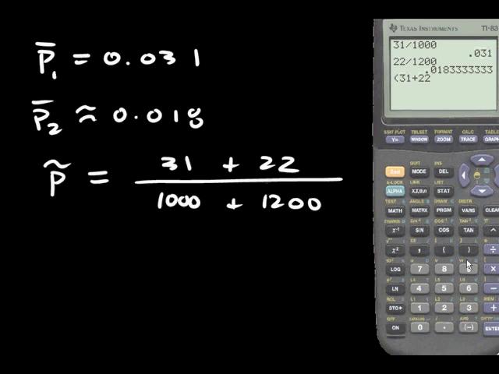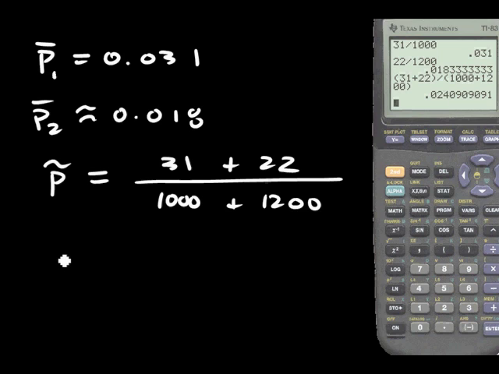Now if we approximate this to the nearest thousandths, this is approximately 0.024, or 2.4%.